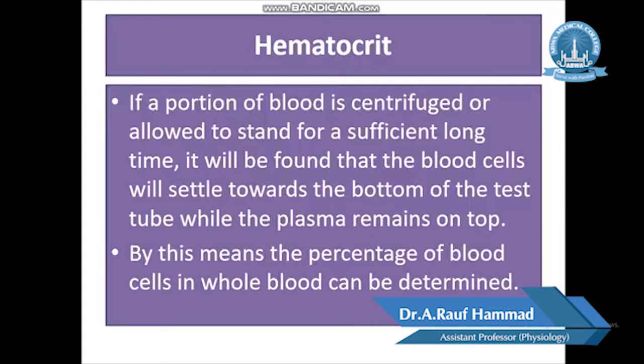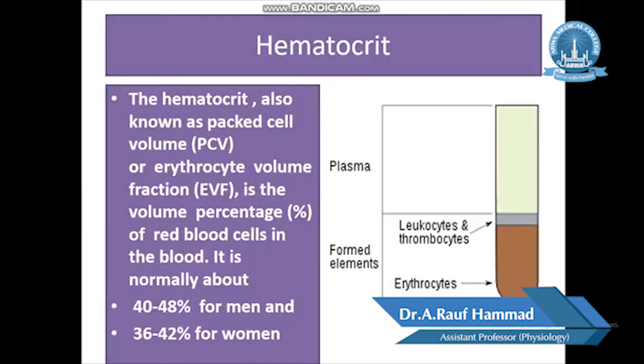For example, anticoagulants are EDTA and calcium citrate, etc. After standing for some time, it will be found that the blood cells settle towards the bottom of the test tube, while the plasma remains on top. By this means, the percentage of blood cells in whole blood can be calculated or determined.